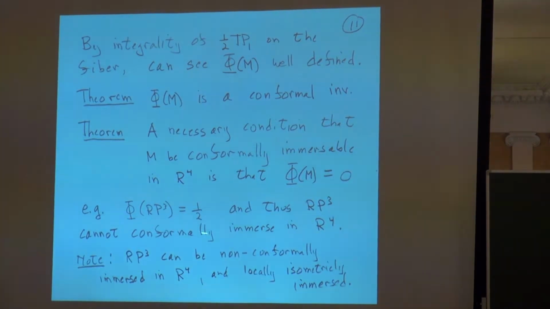And thus you can't conformally immerse it in R4. But that's not so obvious, because pieces of it are isometrically immersible in R4, and the whole thing is immersible in R4, but not conformally. So you can't conformally immerse this.